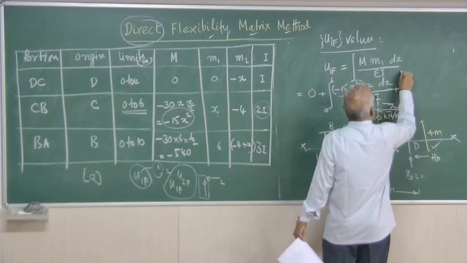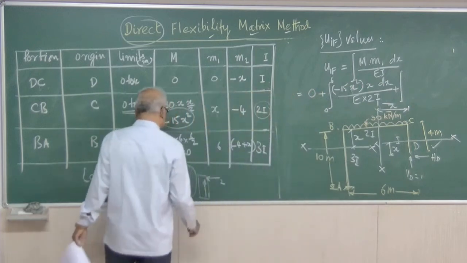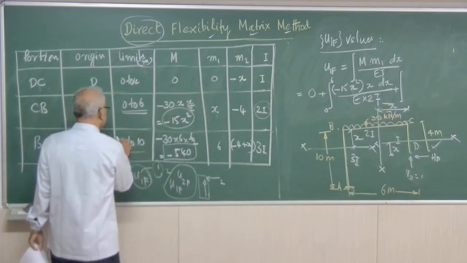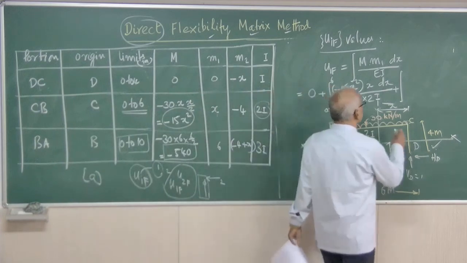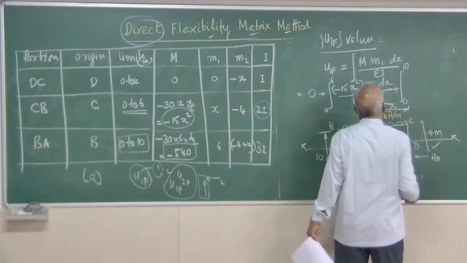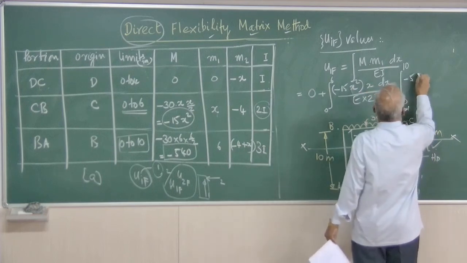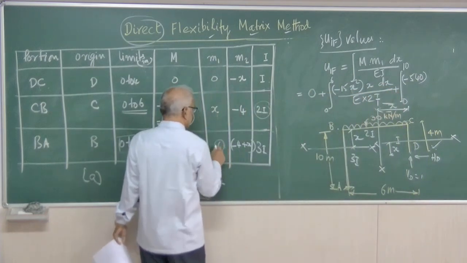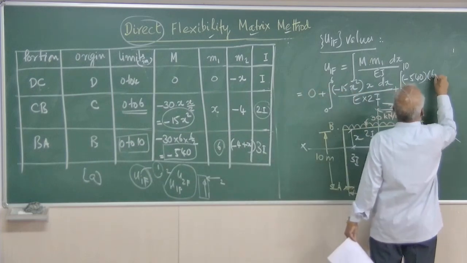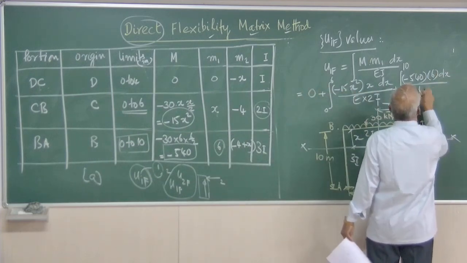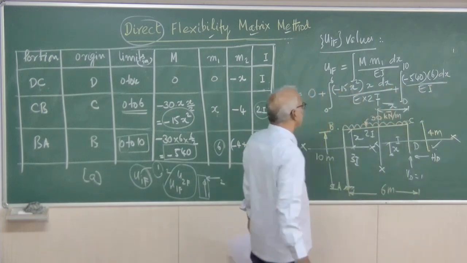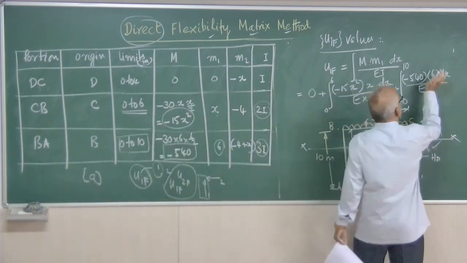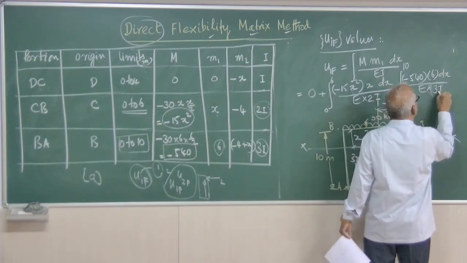Plus, for the third portion, M is minus 540 and limits are 0 to 10 meters, into m1, m1 is 6, into dx by E into 3I, because I for the span AB is 3I.